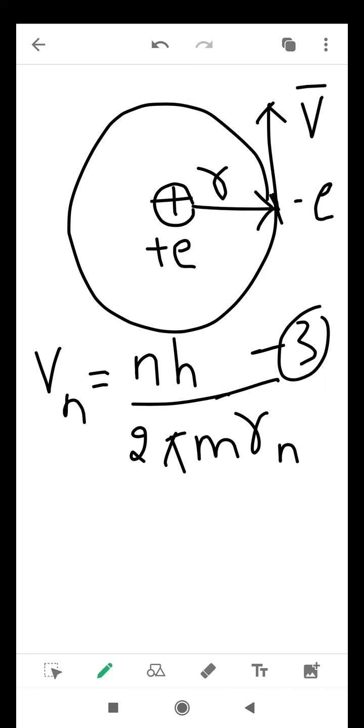Now substitute the value of Vn, that is equation number 3, in equation number 2.